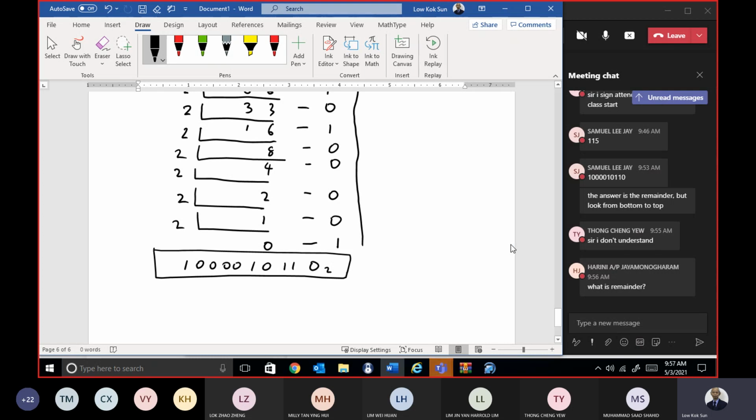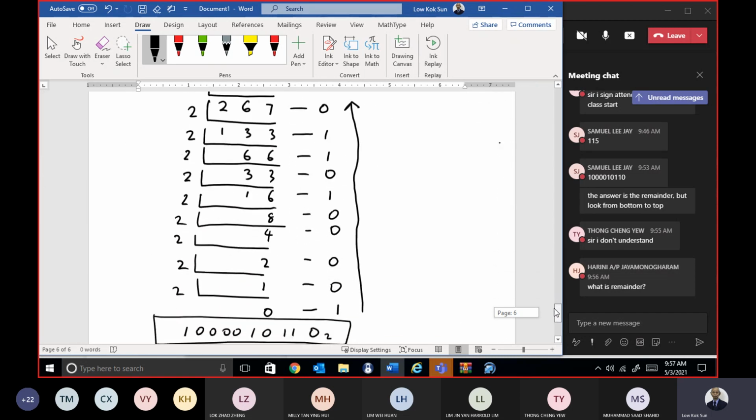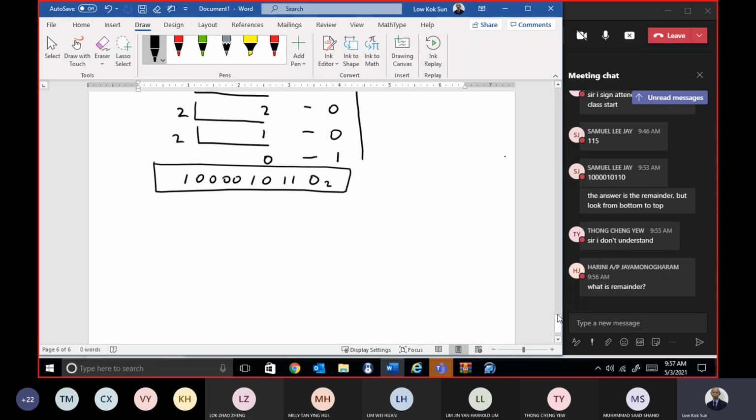So after learning one method, you apply to many. Now I want to go to another system, then we can see some shortcut.